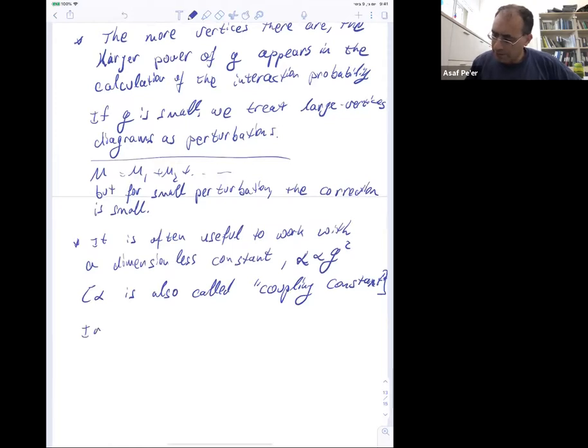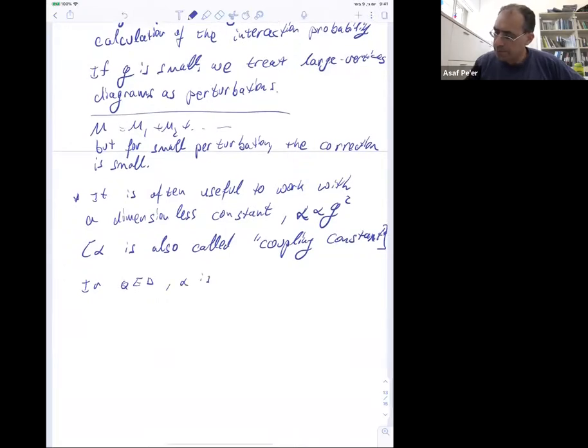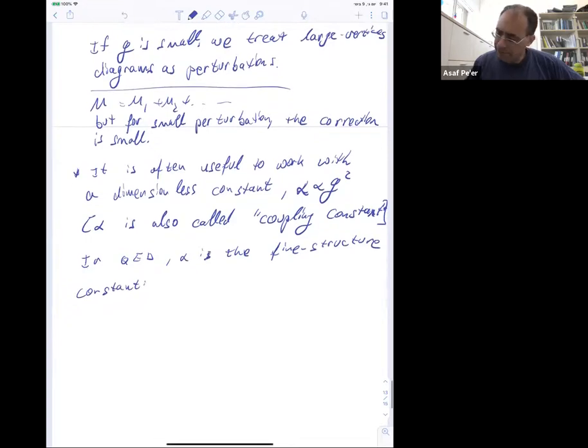Now in QED, this is the familiar fine structure constant. Alpha is just Q squared over 4 pi epsilon 0 h bar c. It's dimensionless, and this is approximately 1 over 137.